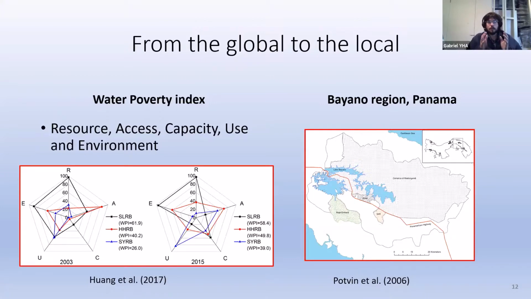Now, from animal advocacy, I'd like to go from the global to the local as well. In fact, to the Bayano region in Panama as well. One thing that I'm looking at is human-wildlife conflicts, and especially the human and social dimensions of how we interact with wildlife. I performed a survey of an Embera community in the Bayano region to understand what changes they have noticed in wildlife.